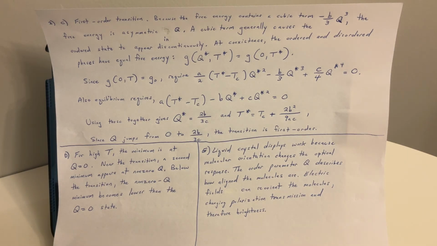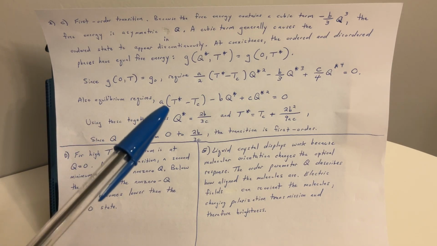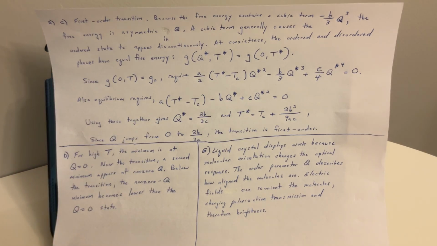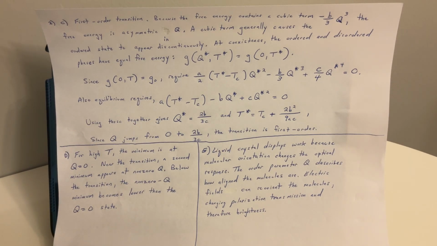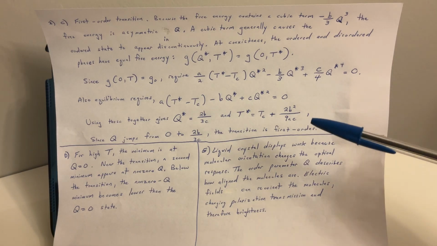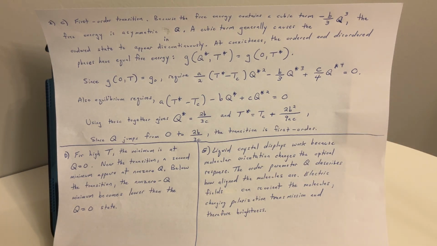Also equilibrium requires A times the quantity T star minus T sub C minus B Q star plus C Q star squared equals 0. Using these together gives Q star equals 2B over 3C and T star equals T sub C plus 2B squared over 9AC. Since Q jumps from 0 to 2B over 3C, the transition is first order.